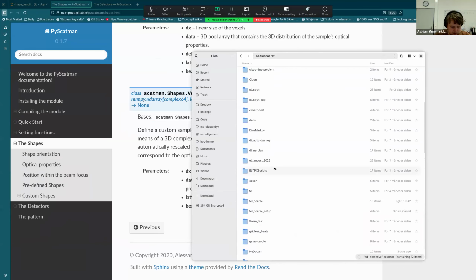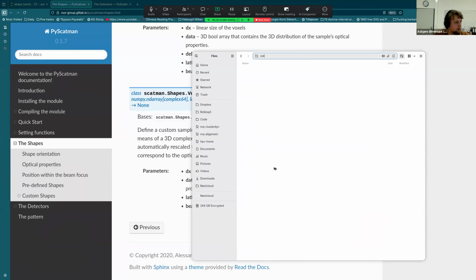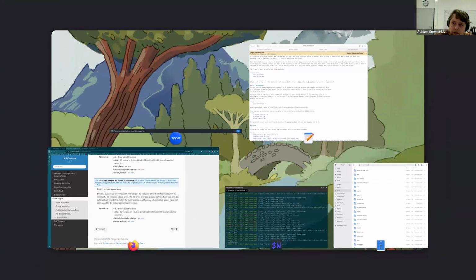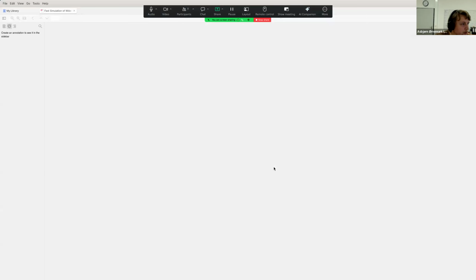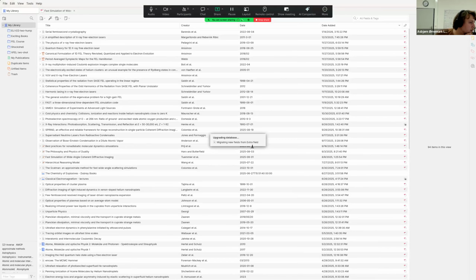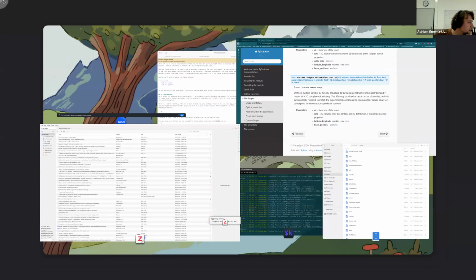There's this concept of helium nanodroplets, or nano targets in general, which you can make explode into plasmas.